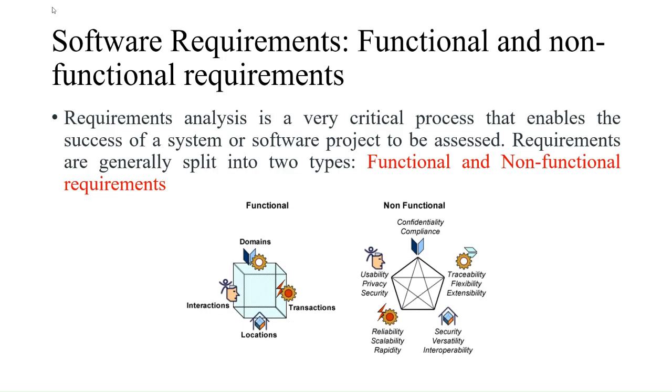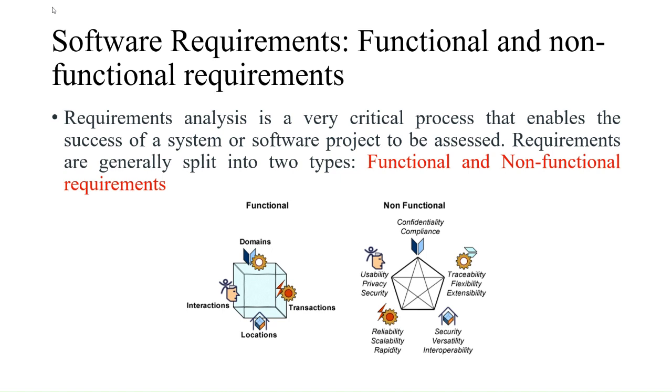The first topic in the second unit is software requirements. Basically, to develop any software or any project, we have requirements. To develop the project in such a way or in such a direction, we need the requirements, which is known as software requirements.